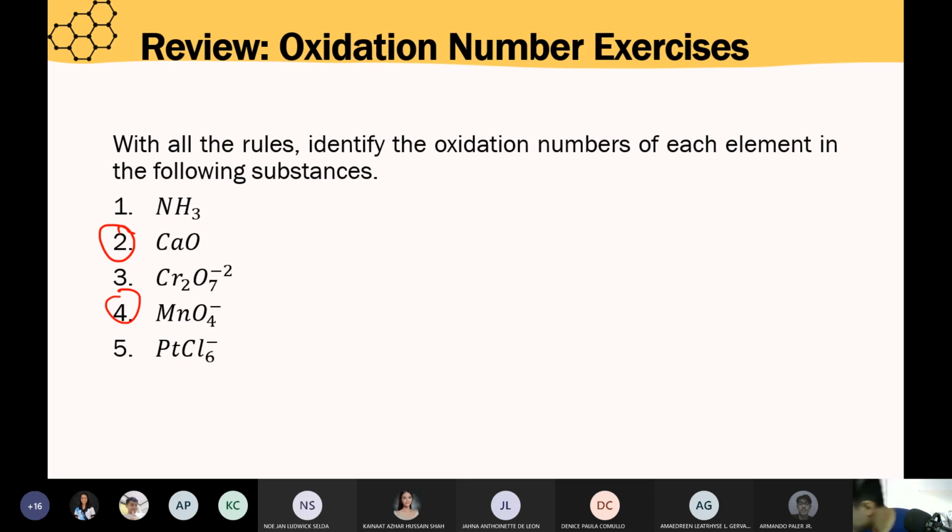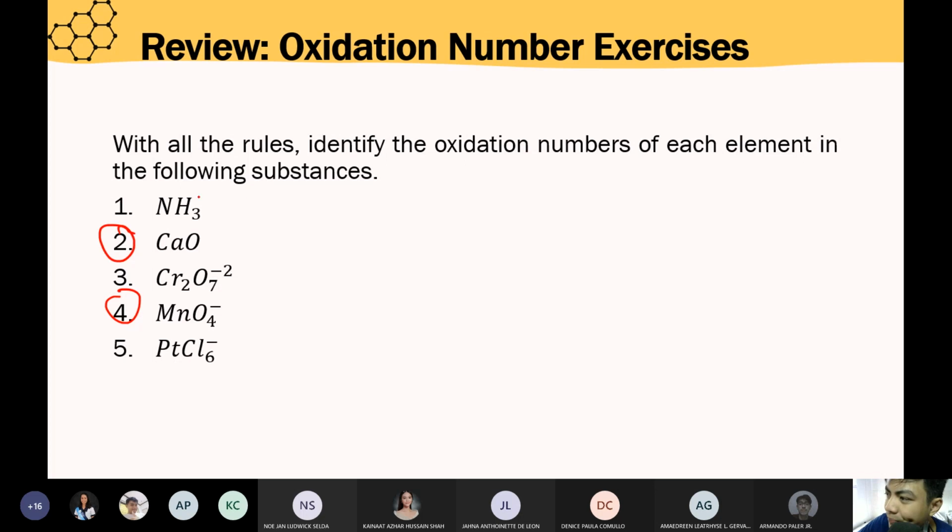Okay? So, sagutan ko yung 1, 3, 5, kayo sa 2 and 4. Okay? So, I want you to message me your answers for items 2 and 4. Okay? So, while answering 2 and 4, ako naman sa 1, 3, 5.